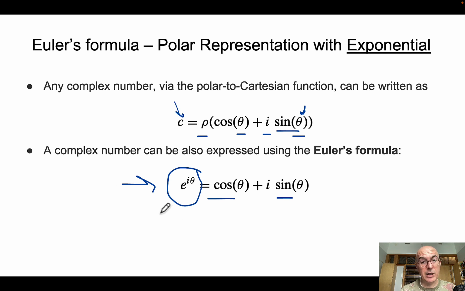So the exponential of i multiplied by a factor, in this case theta, because it corresponds to a phase in polar description, is equal to the cosine of theta, and this will be the real part, what we call A, plus i times the sine of the phase.